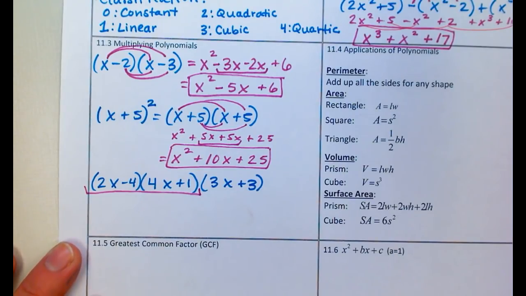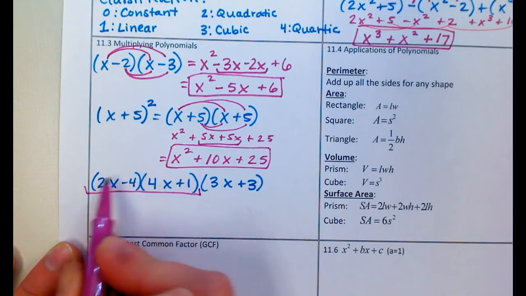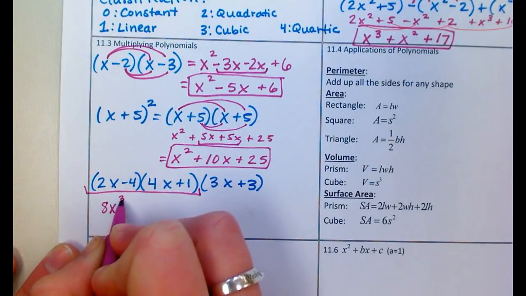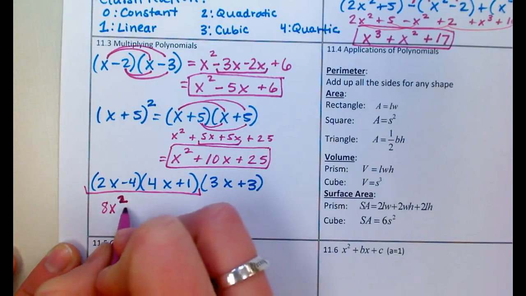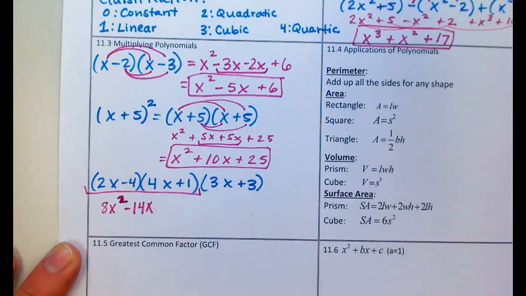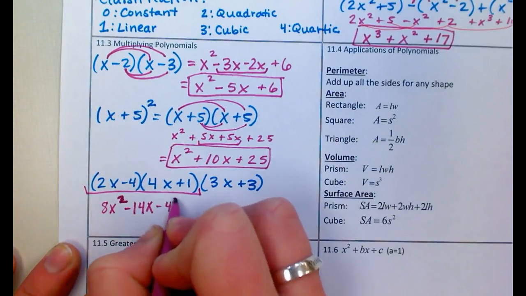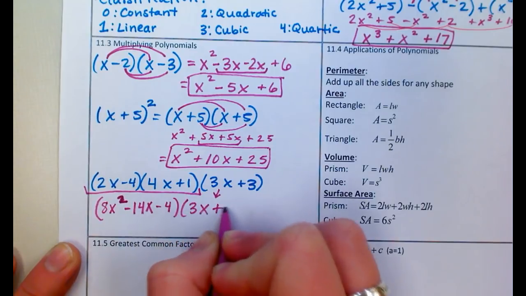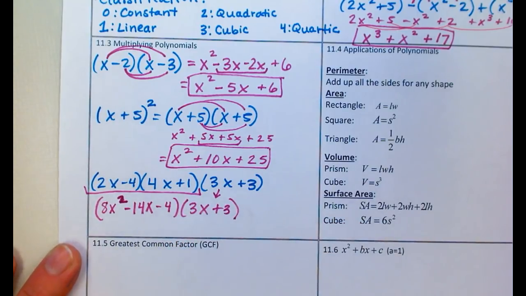Multiplying these together, already simplified, I would get 8x squared minus 14x minus 4, and then I would drop down my 3x plus 3 and multiply that.